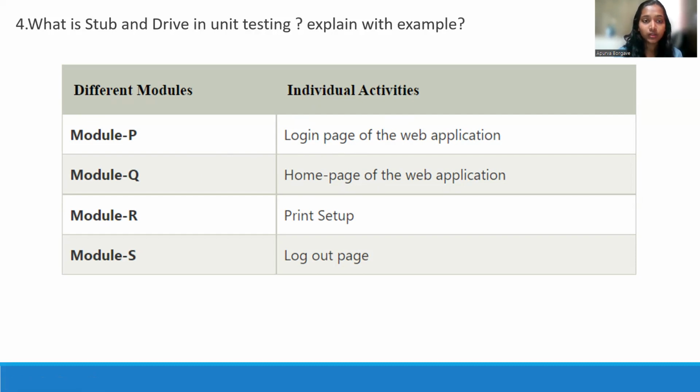But how can we go to the home page even if it is not developed yet? This is where stubs and drivers come in. They take some similar features of the login page and are interconnected. Even if the home page is not developed, we can connect this, and you are redirected to some other page by taking some features they develop, and you get the output. This is how it works.